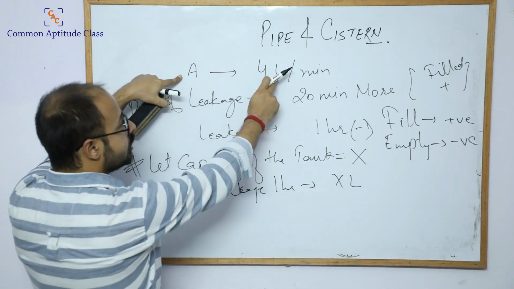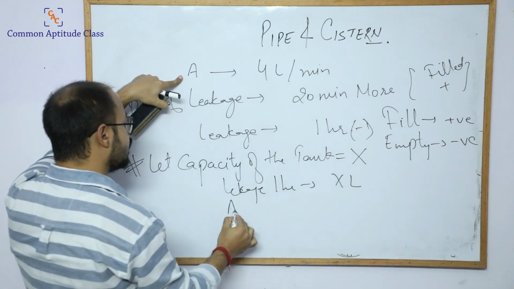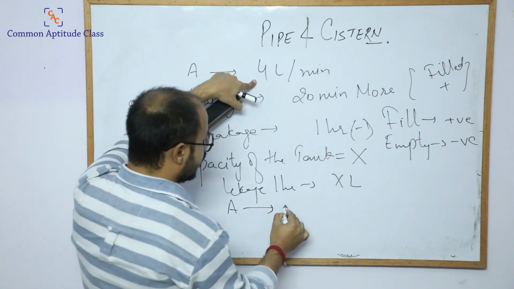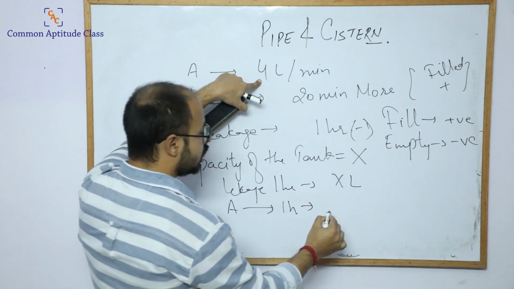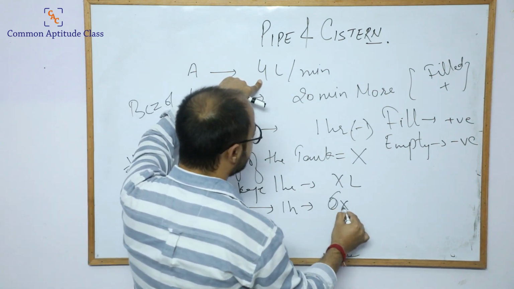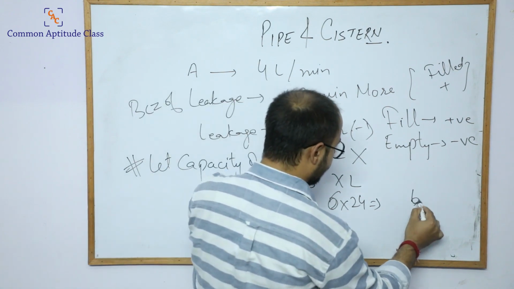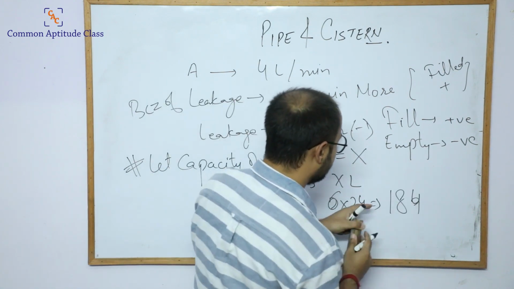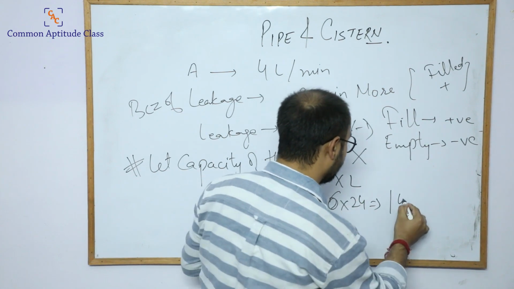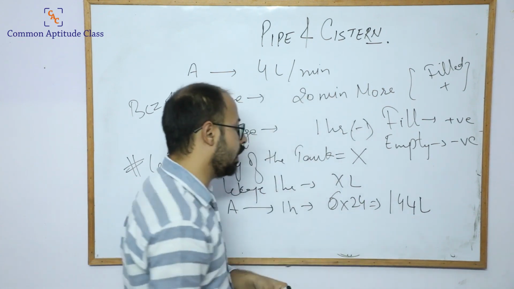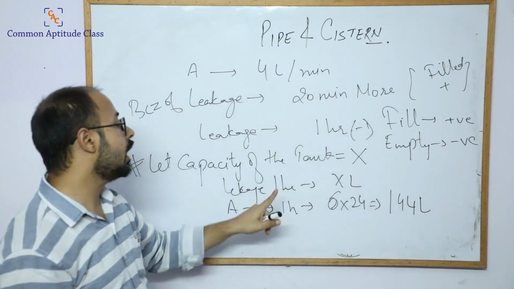Now A fills 4 liters per minute, so in 1 hour, that is 60 into 24, sorry, 144 liters. So A fills 144 liters in 1 hour.